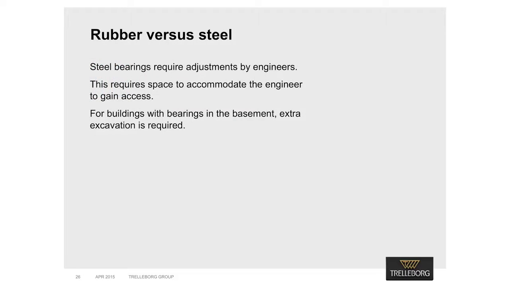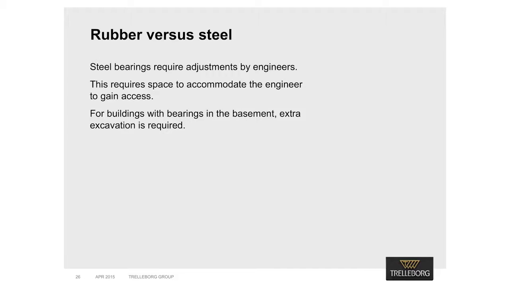Once installed, steel bearings require adjustments by engineers so that they can perform as required under the load. This can be a time-consuming and sometimes costly process. More significant is the need for a space large enough to accommodate the engineer to gain access at the base of the building.